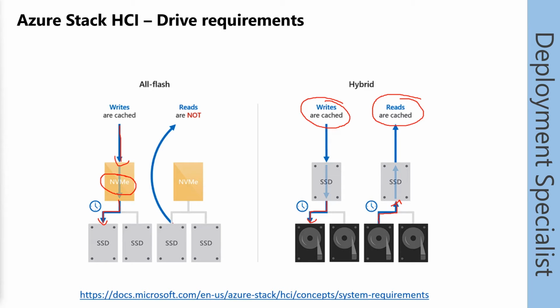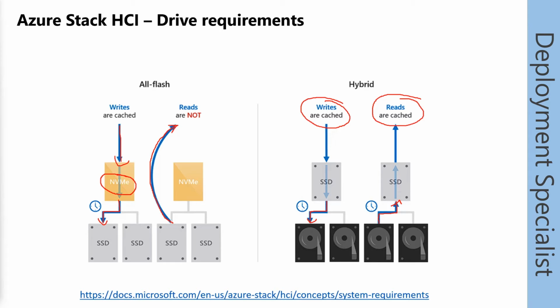When we read data, reading data directly from an SSD nearly has no impact on the endurance. But if we would put everything into the cache and then read it from the cache again, this would be an additional load on the cache drives that would reduce their lifetime, increasing their drive writes per day. And this is the reason why in an all-flash scenario with cache, reads are not cached.